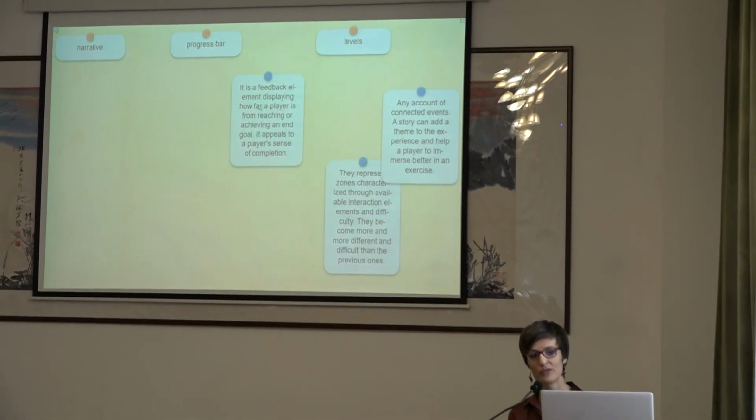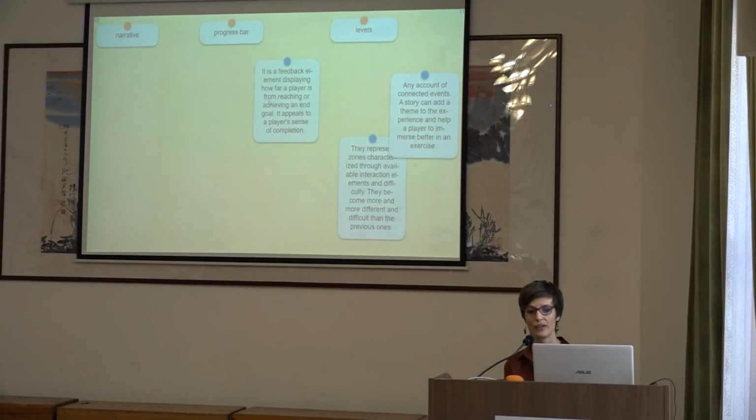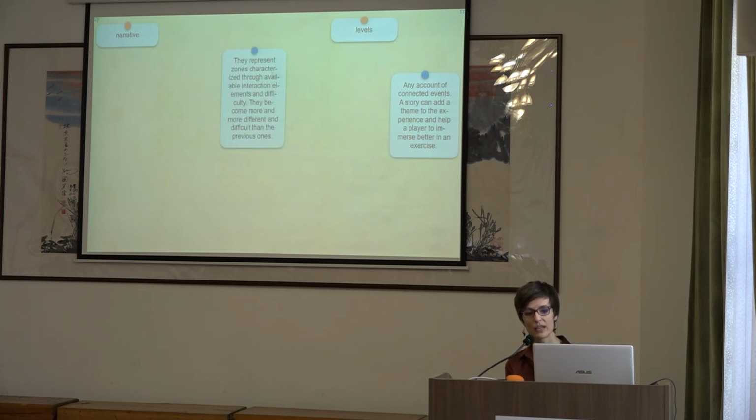And now it is a feedback element displaying how far a player is from reaching or achieving an end goal. It appeals to the player's sense of completion. This will be the progress bar. Yes, very good. Okay, they represent zones characterized through available interaction elements and difficulty. They become more and more different and difficult than the previous one.